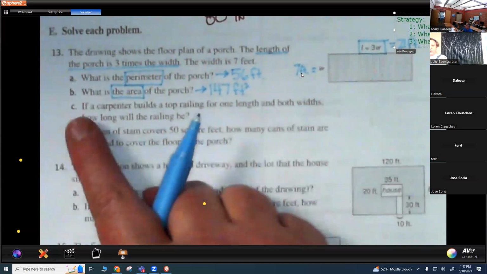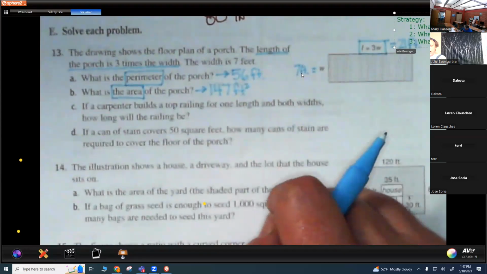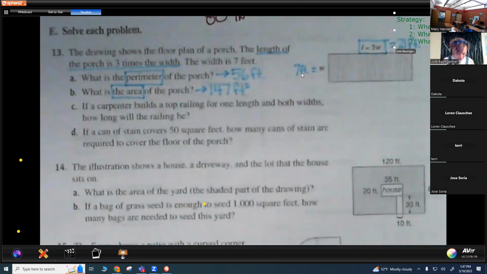Okay. If a carpenter builds a top railing for 1 length and both widths, how long will the railing be? Did anyone get that answer? Yeah. Good. What are we measuring? Right, but are we doing area, perimeter, volume?